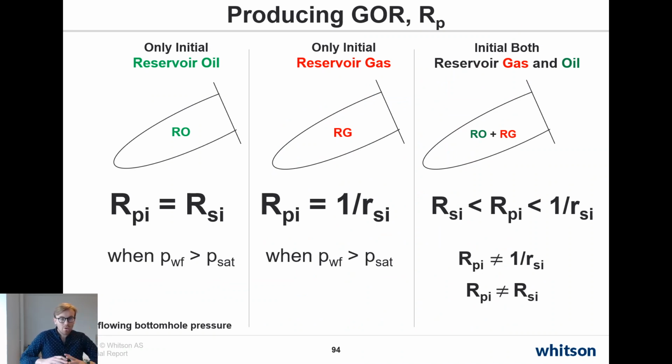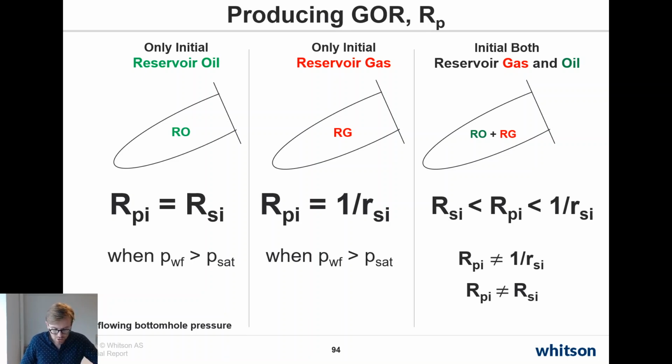Great. From here, we'll take this a step forward and consider three different scenarios. One being an only oil reservoir, with oil as the in situ fluid, then an only reservoir gas in situ fluid, and then a reservoir with both phases flowing at the same time.